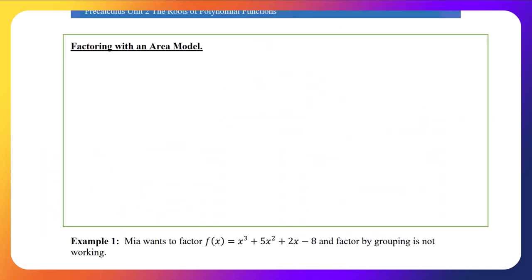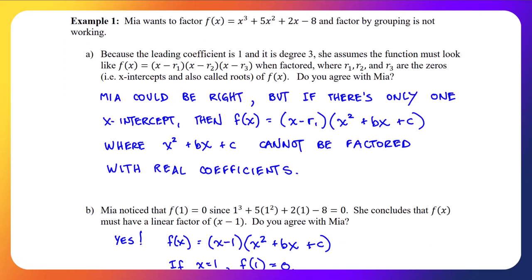We saw a couple of examples already with the area model, so let's just keep on going. So we want to factor this. We try grouping, but these two groups don't really get us anywhere. It's not working.